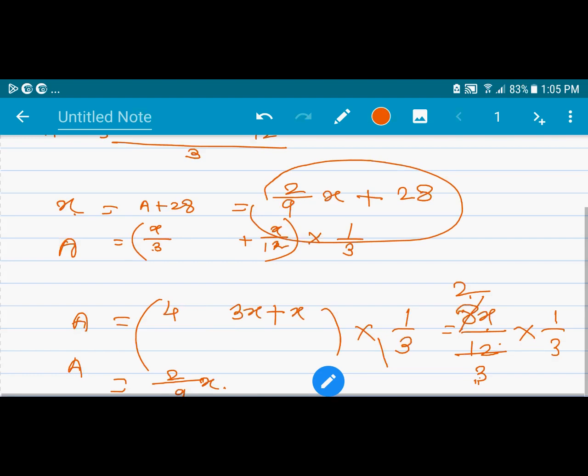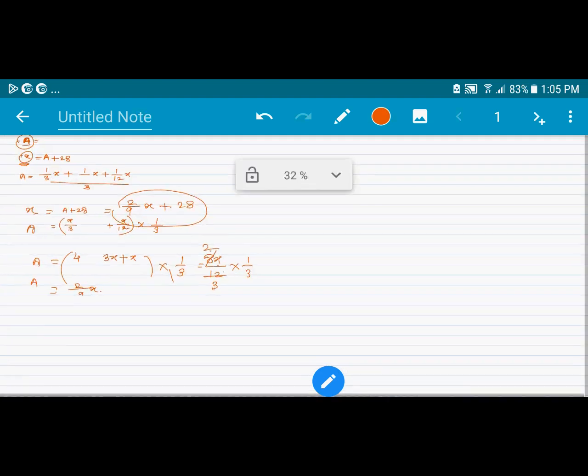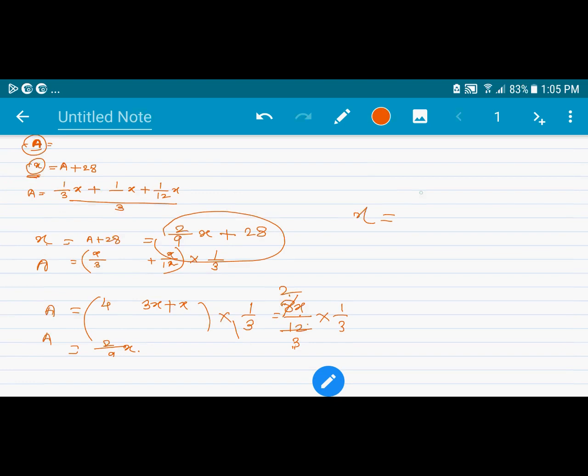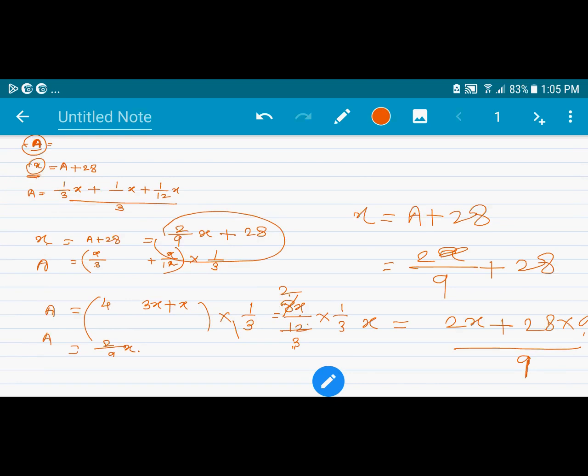So we got x is equal to A plus 28, and we got the value for A, that is 2x upon 9, plus 28. So this 9 on the denominator side will come to the numerator side. So 9x is equal to 2x plus 28 multiplied by 9.